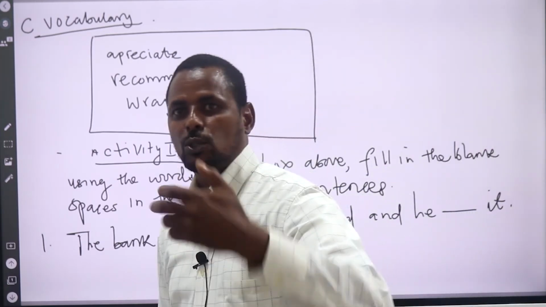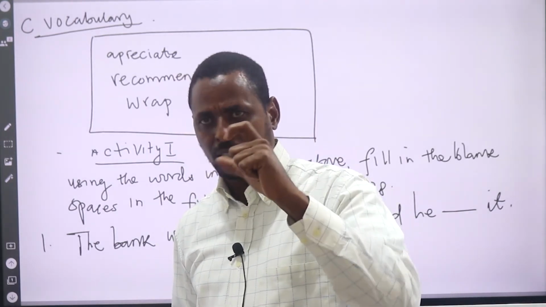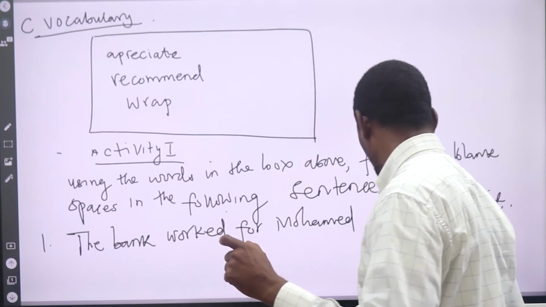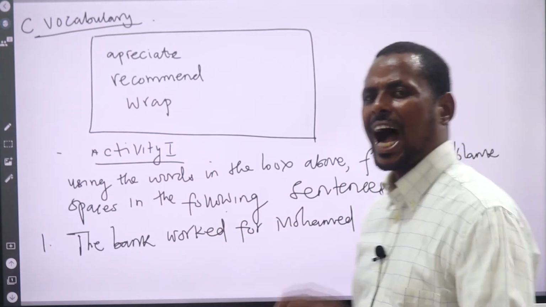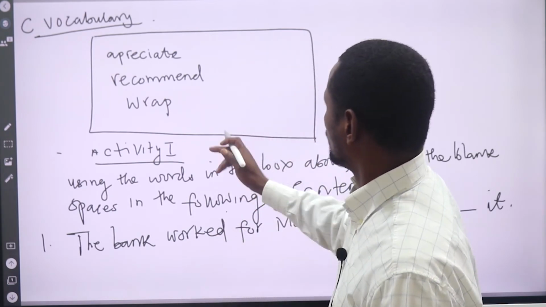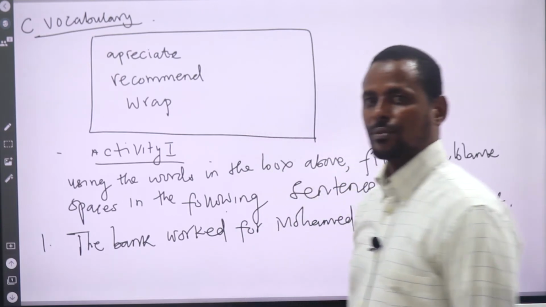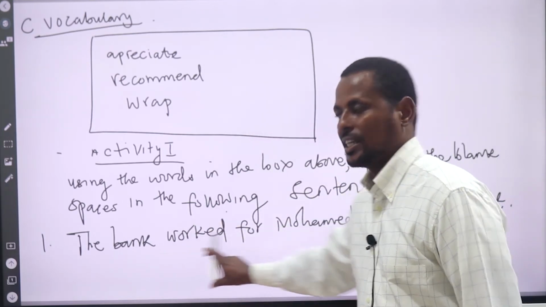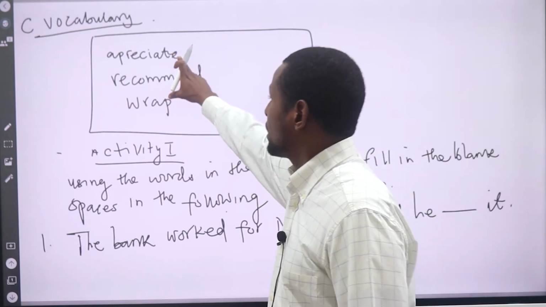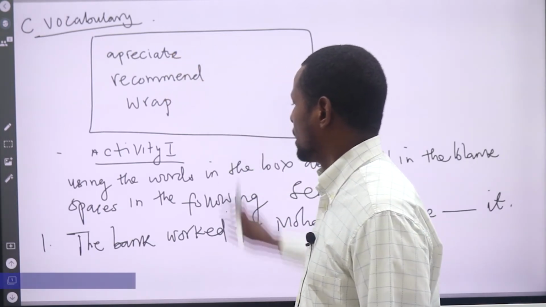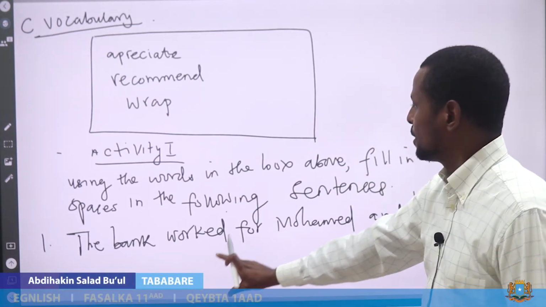This is just to illustrate what I was talking about: using vocabulary appropriately. Now, if the student is choosing between these three words, and you have given him or her this sentence, you want the student to choose one word from the box to complete it.